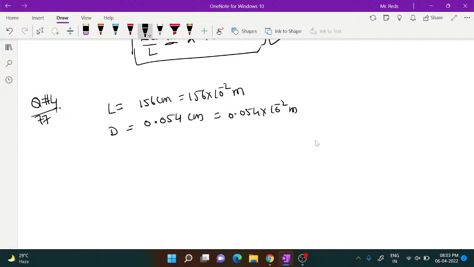We may use the radius, diameter by 2, we will take it as radius. It is used as an experimental one.